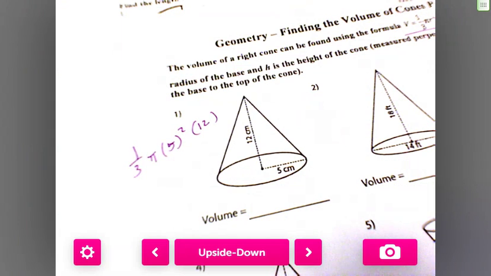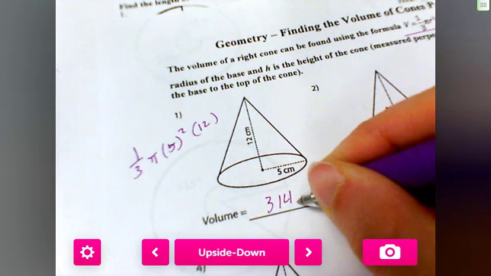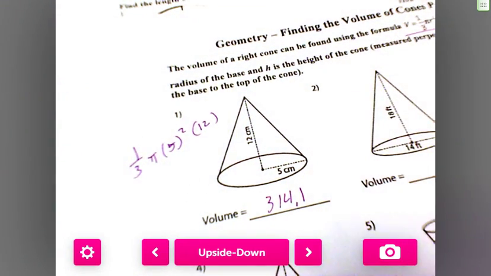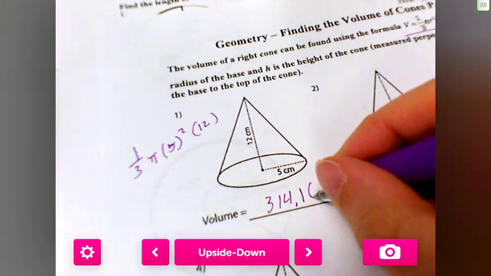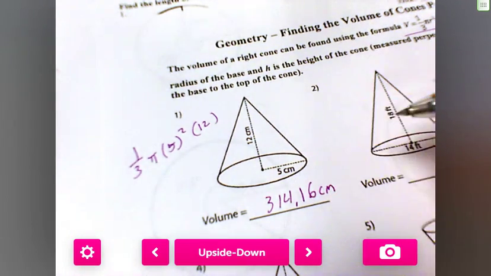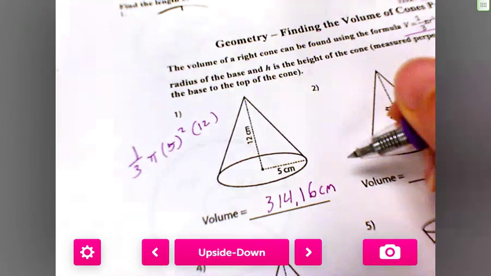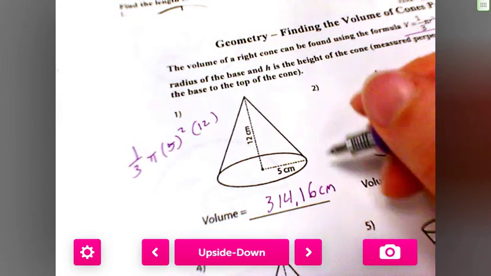You can do 1 divided by 3 in your calculator pretty easily. Times pi times 5 squared times 12. And you get 314.16. I'm going to round it to the nearest tenth. Centimeters. And when we talk about volume, it's centimeters what? Cubed. That's it.